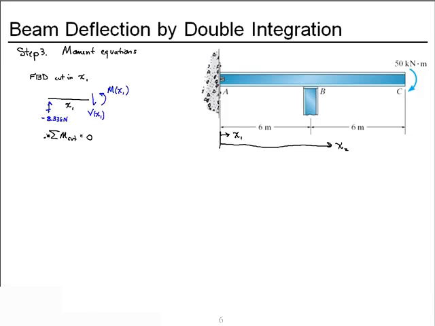We'll choose counterclockwise this time as positive. We get a negative rotation, but it's a negative quantity from the reaction through a distance of x1, and our unknown moment at the cut is counterclockwise, so it's a positive contribution. We solve that, and our equation for moment in the range of x1 is a negative 8.33 kilonewtons times x1. Now let's cut it somewhere between B and C.